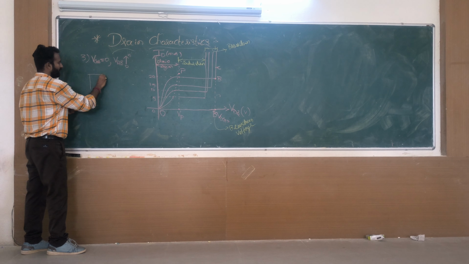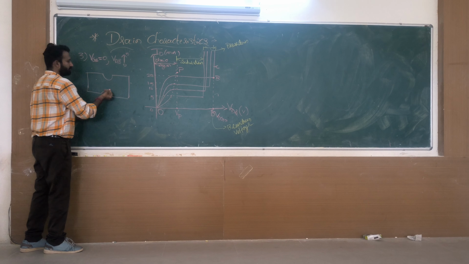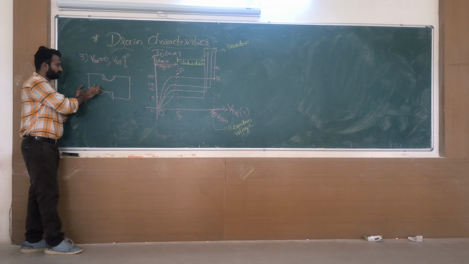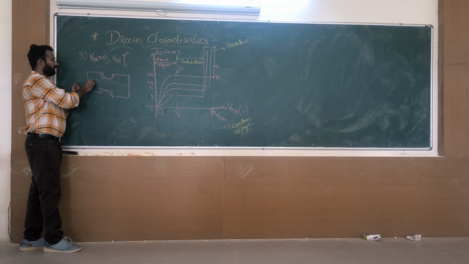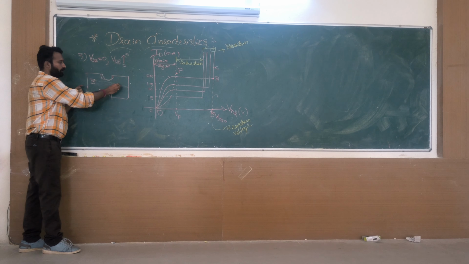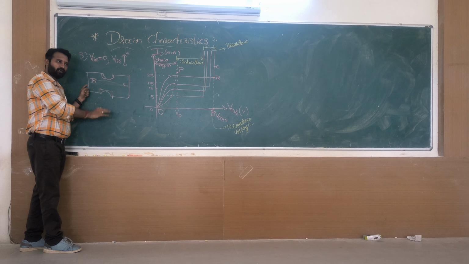So this is your channel. If it is a rectangle, the channel will look like an S shape. This is the complete channel. In yesterday's class, in the diagram, here I wrote B, here I wrote C. That is B to C, and the complete thing is the channel.